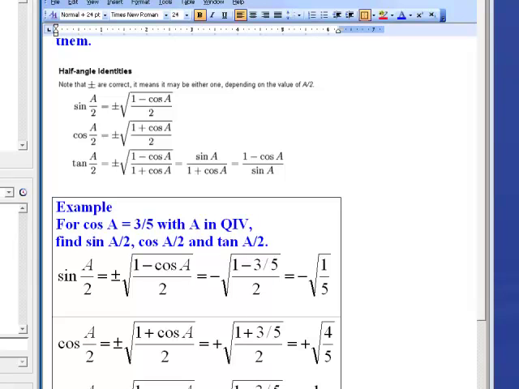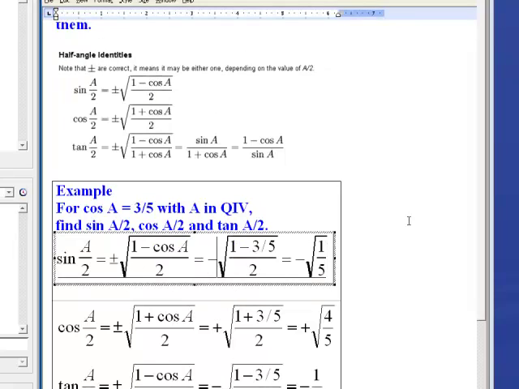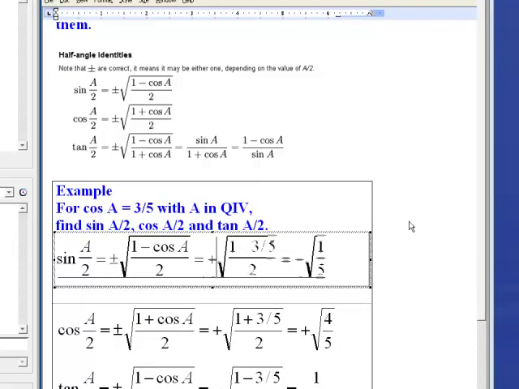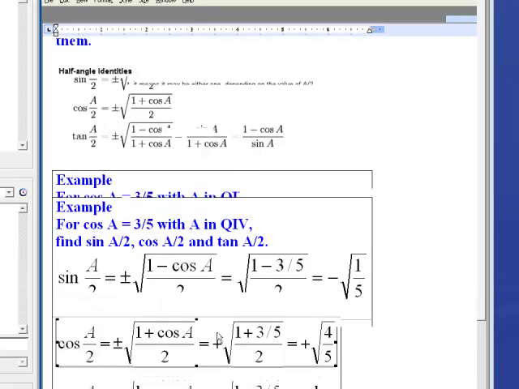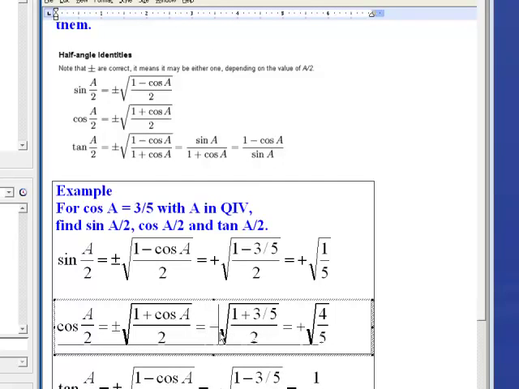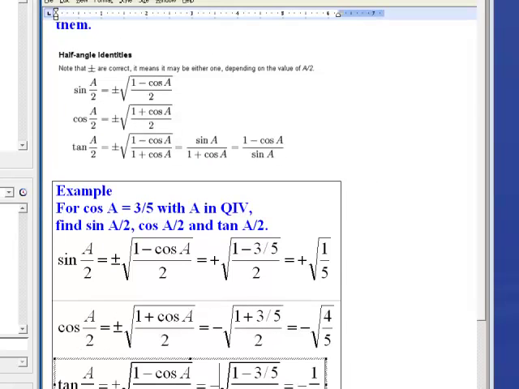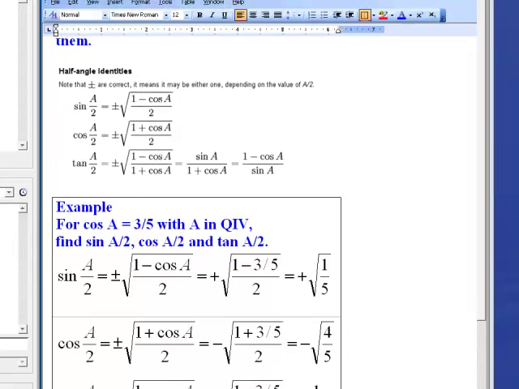And accordingly, I actually need to adjust each one of these here. So sine in quadrant 2 is actually positive. So sorry about that gaffe. Cosine in quadrant 2 is actually negative. And tangent in quadrant 2 stays negative, just the way I accidentally had it. And with that, we're done with this example.